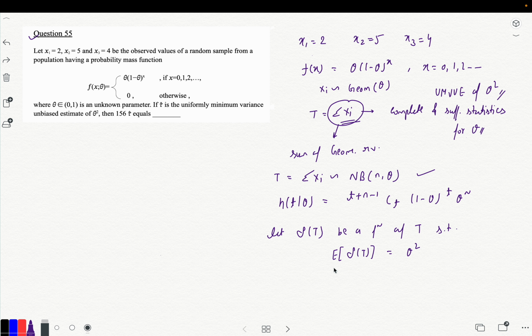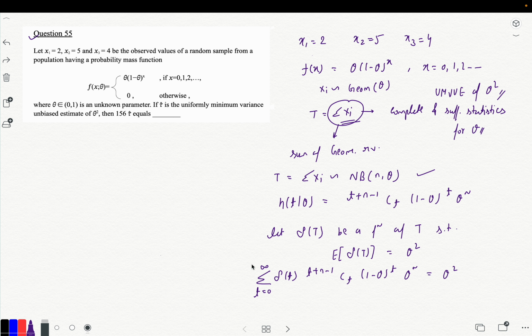So what is expectation of delta t? That would be summation t equals 0 to infinity delta t, and what is this? Just write down the PDF: (t plus n minus 1) C t, (1 minus theta) to the power t, theta to the power n, which equals theta square.